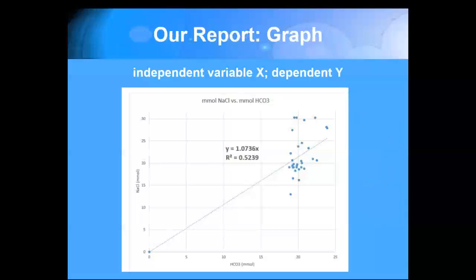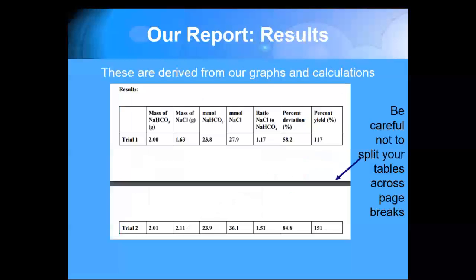A graph is given, and this is millimoles of sodium chloride produced versus millimoles of sodium hydrogen carbonate that were used. The subscript issue, sometimes you just can't do subscripts on particular programs, particularly Google graphing. They can be a little weird, but do the best you can on that.